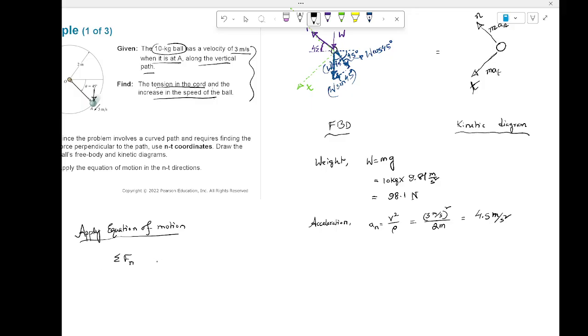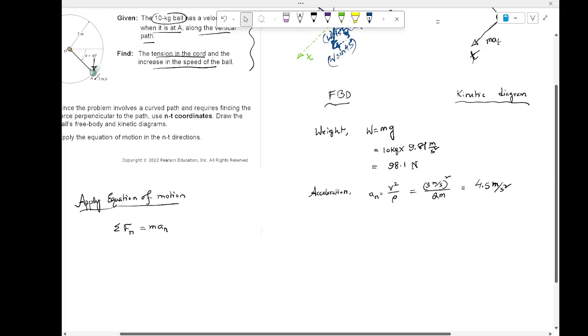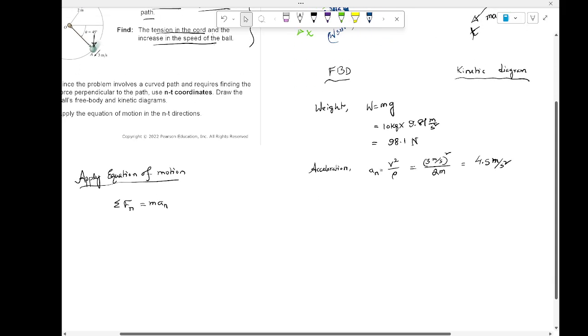One is in the Fn direction, which would be m a_n. The other one, in the Ft direction, which would be m a_t. I'm keeping some space for writing the equation.